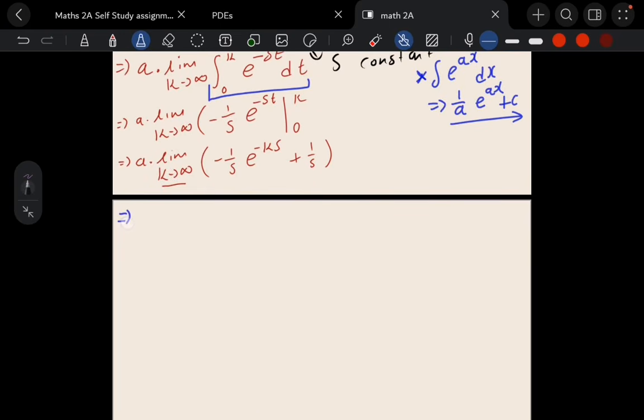When you take the limit here as k approaches infinity, can you please look at this graph here? What do you see? You see an exponential graph that is decreasing, right? So I'm just going to write them here.